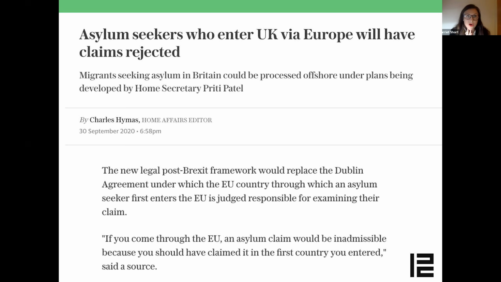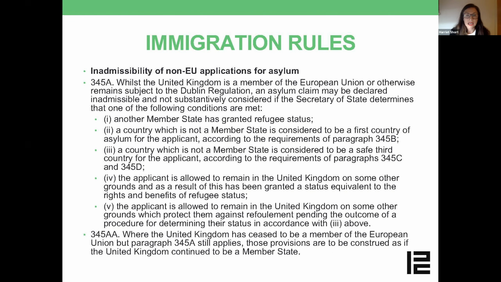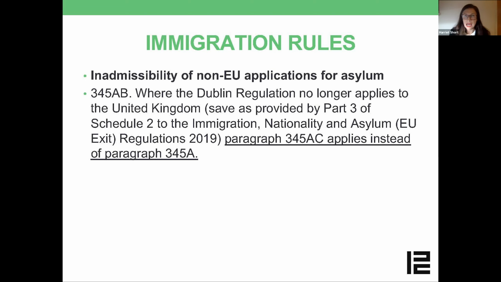On 1st of October 2019, changes to the safe third country and inadmissibility provisions of the immigration rules were introduced. 345A and AA will not apply after the end of transition. They cover while the UK is a member and while the UK is otherwise subject to the Dublin regulation.